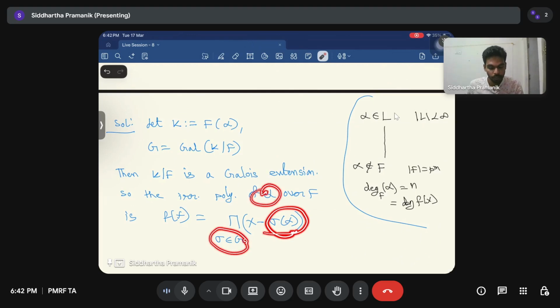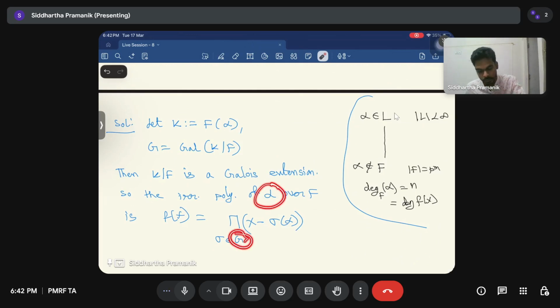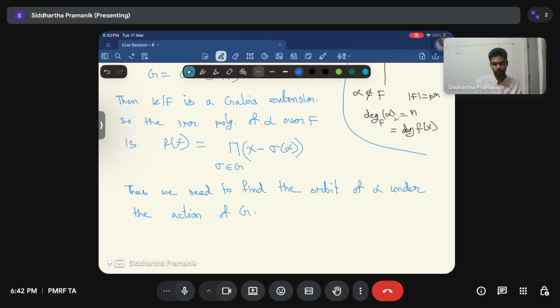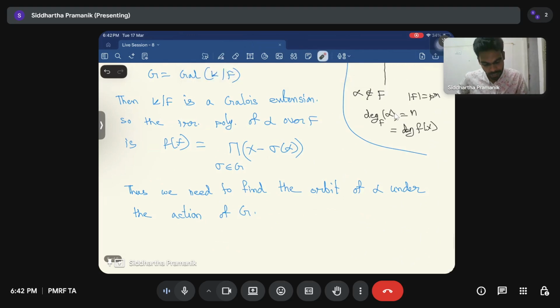In other words, we need to find the orbit of alpha under the action of the group G. So for that, first we need to find this group G.